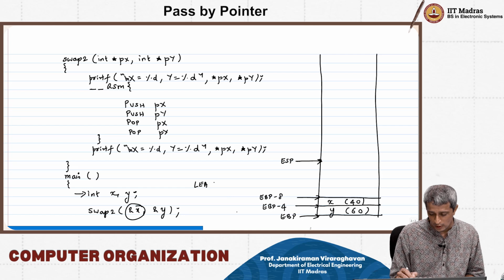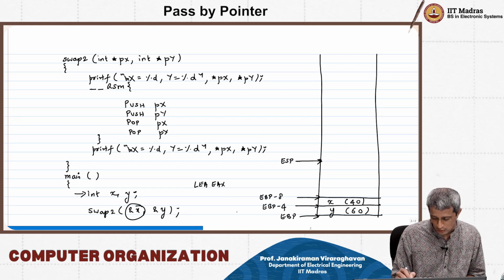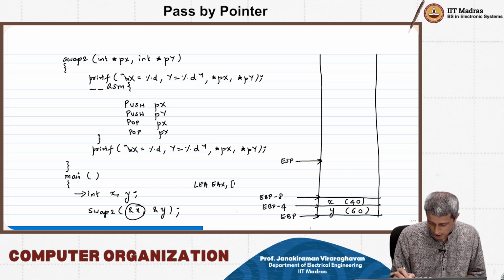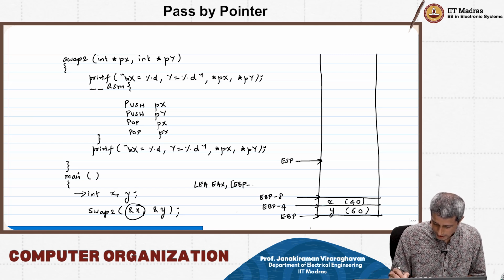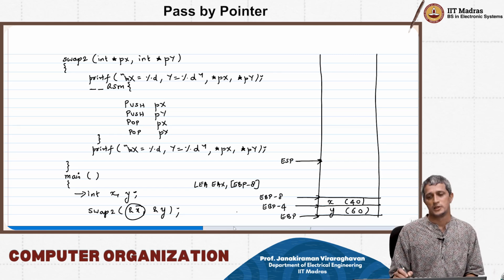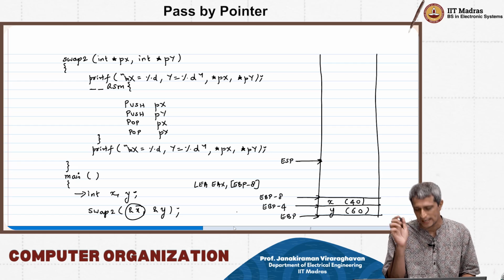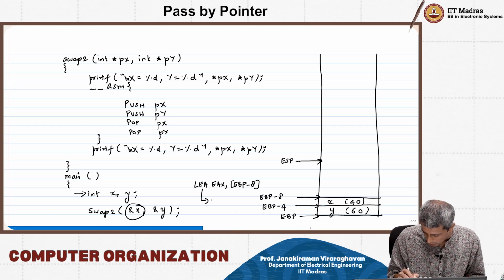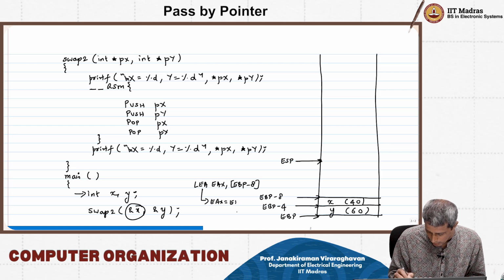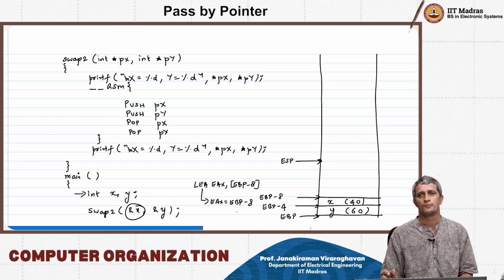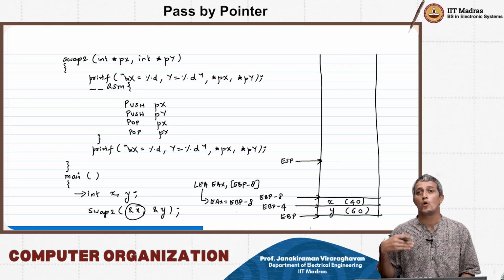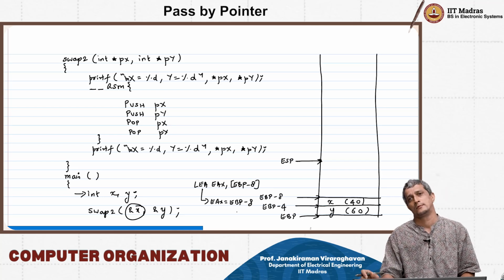So I told you that you can actually do LEA EAX comma EBP minus 8. This will just evaluate EBP minus 8 and put it into EAX. This will translate to EAX equal to EBP minus 8. Okay, and then you are going to push this onto the stack.